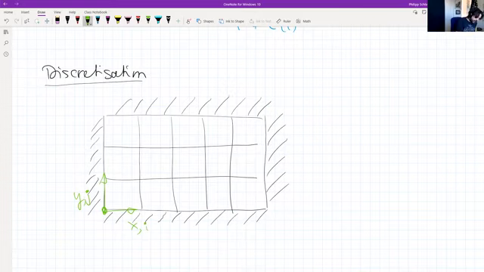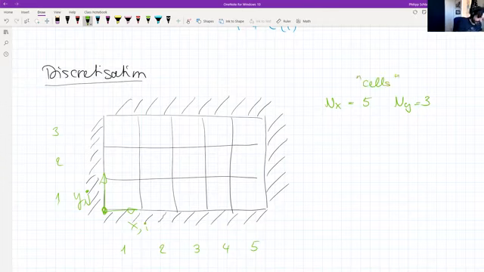I would now say that this is cell number 1, this is 2, this is 3, this is 4, this is 5. Here it would be 1, 2, and 3. So in this case, I would say that nx is 5 and ny is 3 as the number of cells.